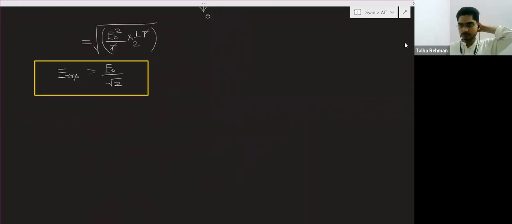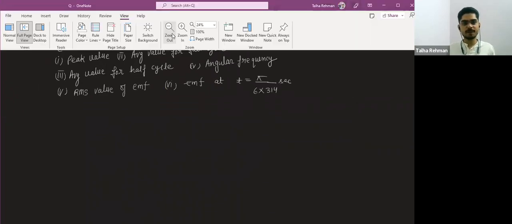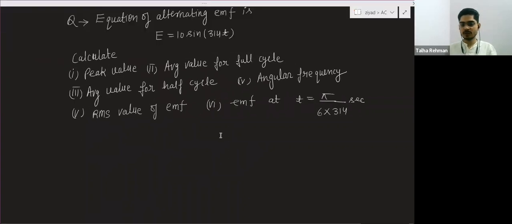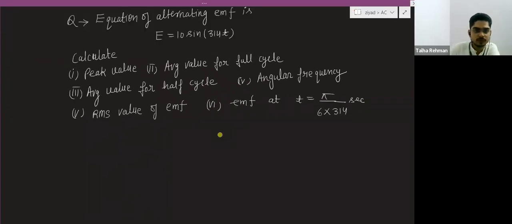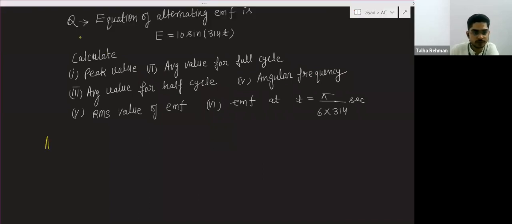Now there is one numerical, a very easy numerical. So we will solve this numerical.